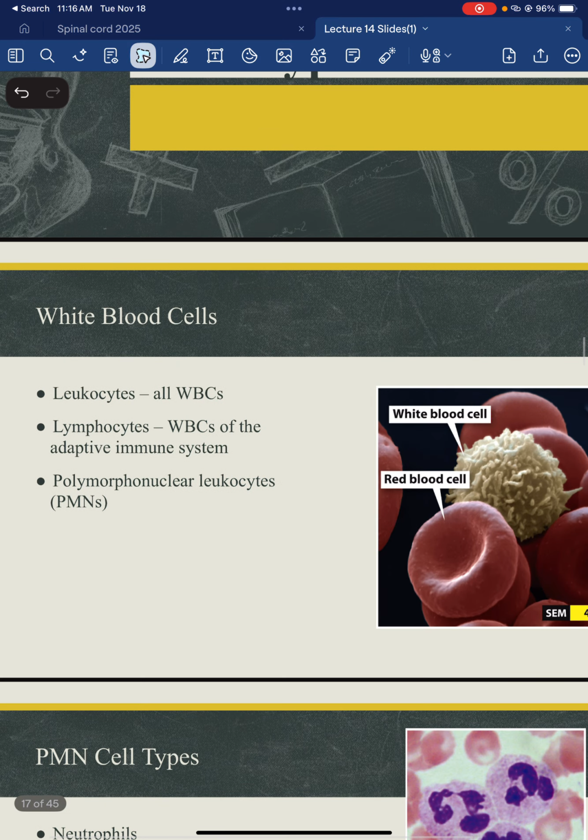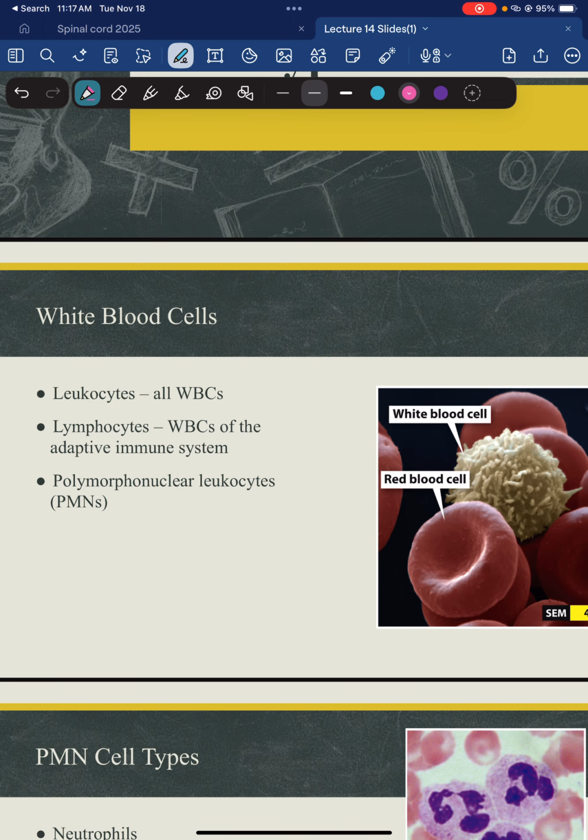These are leukocytes. I know you've heard these terms before. Leukocyte is just a general term for white blood cells. Lymphocytes are a specific type of white blood cell that we'll talk about on Thursday. But in any case, we're talking about white blood cells. They circulate in your body. Many of them live in these lymph organs, specifically these secondary lymph organs.